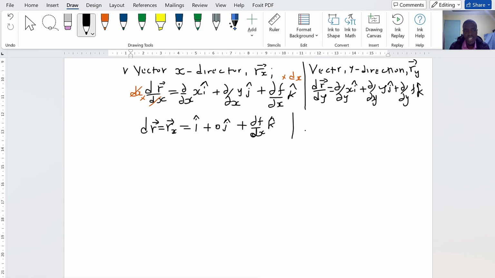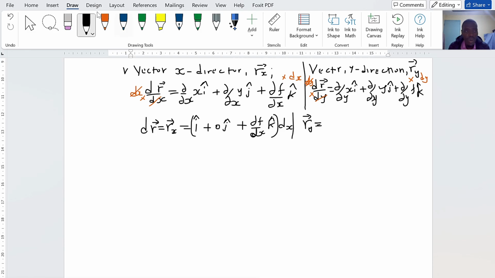Now on the other side, we want our r_y, that means our position vector in the direction of y. So again we multiply by dy, and again times dy. So dy and dy will go. So the whole thing here, I forgot, is now times dx.